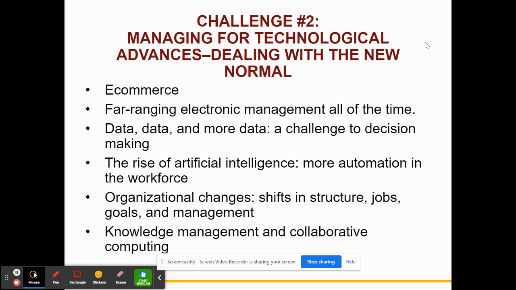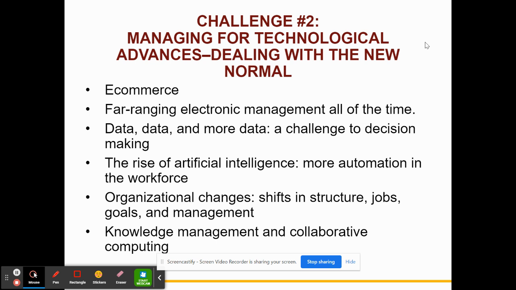There's not as many levels of communication between a mid or frontline manager and the CEO of the company, right? So that is a shifting organizational chart that is happening in business right now, all in the name of efficiency. And then knowledge management and collaborative computing.